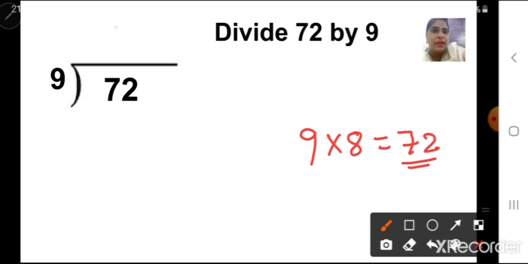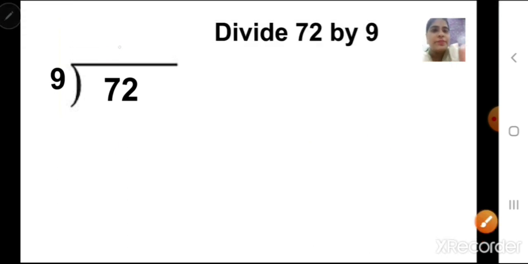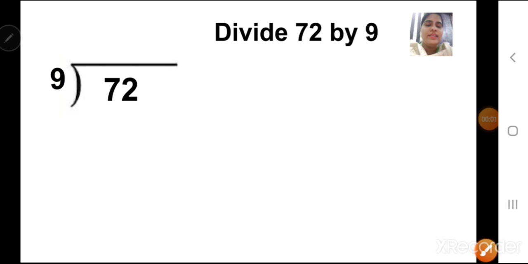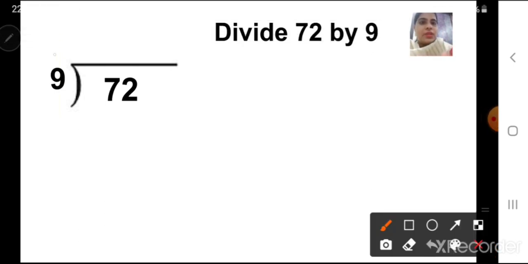We will write number 8 up here, and then we will write 72 here. 9 multiplied by 8 is equal to 72. Got it, children? So 9 eights are 72, right? So we will write number 8 up here.